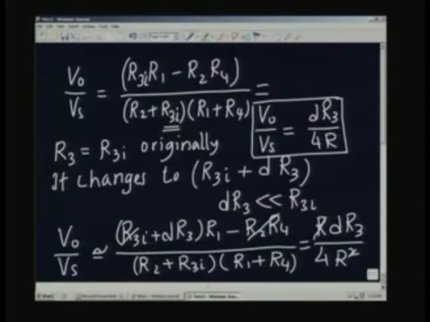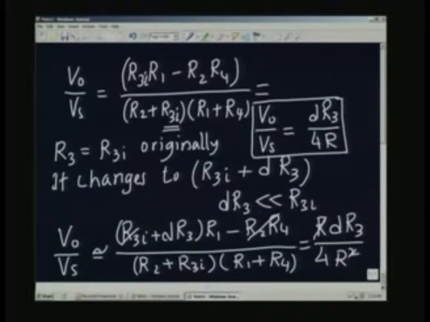We already know dR3 by R is related to the strain by the relation which we gave in the last lecture. So, we can write this dR3 by R as epsilon into (1 plus 2 nu).